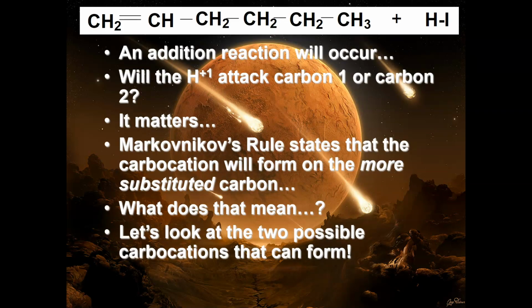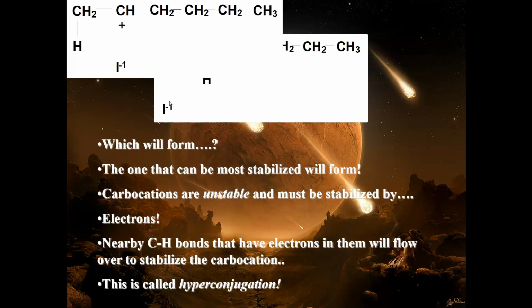So here, if we are doing an addition reaction, the question becomes, will the hydrogen ion attack carbon 1 or carbon 2? What Markovnikov's rule states is that the carbocation will form on the more substituted carbon. That's kind of fancy speak, so what exactly does that mean? That means we look at these two spots where the carbocations can form, and we want to know which one is going to form.